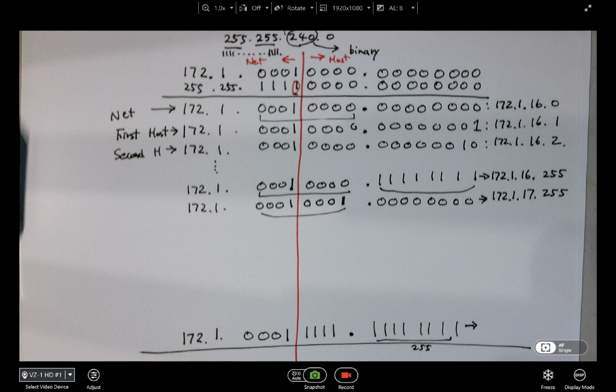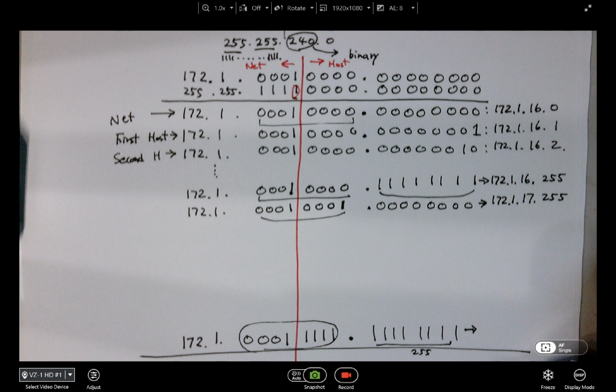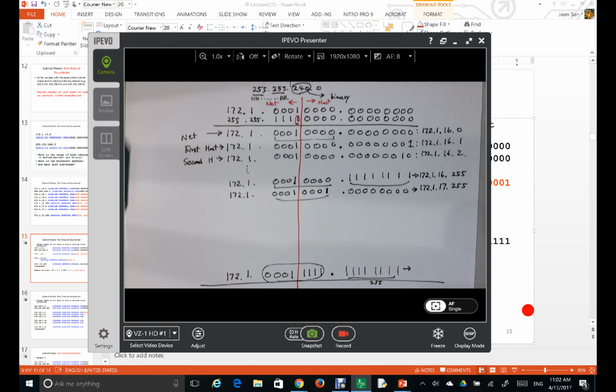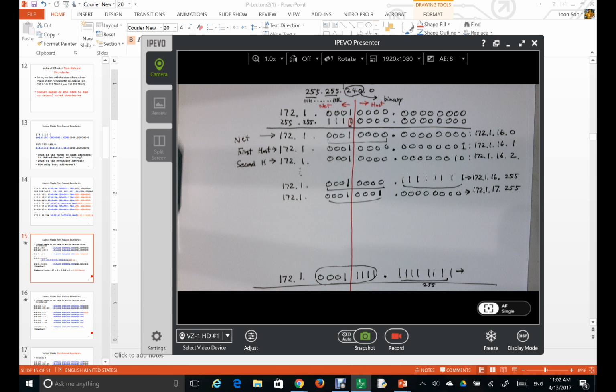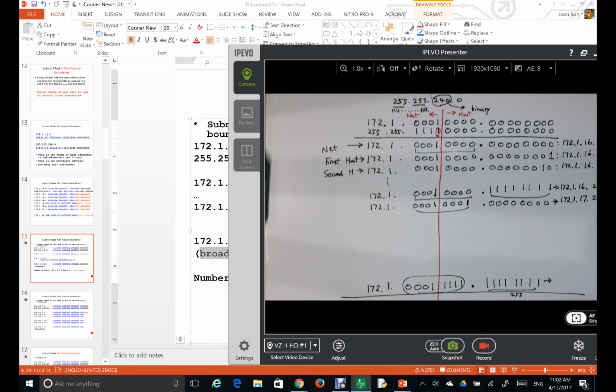Then you have to convert this to a binary number. So I'm going to skip this. I believe that you guys can do this. So I'm going to take a look at the slide. But this is a number that you have to convert to a decimal number.